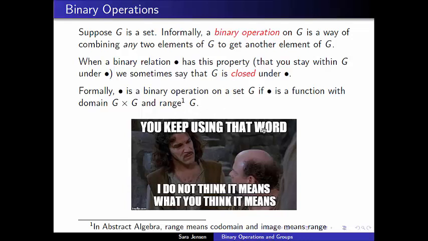Now I wanted to make a little aside. I'm using the words domain and range, which are familiar words to us, but abstract algebra and set theory occasionally use different words to talk about things. So before I move on, I'd like to define domain and range to make sure that we're on the same page. Domain is nicely what it has always been, no matter how you learned it.